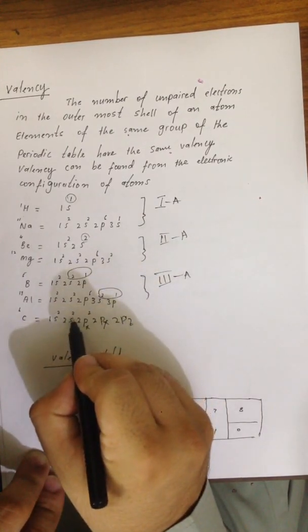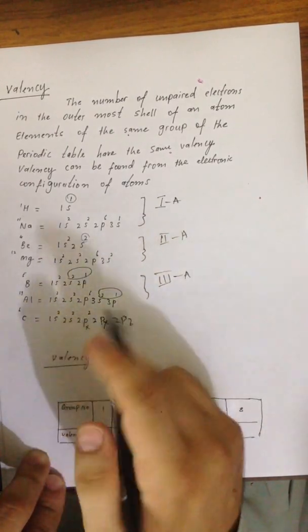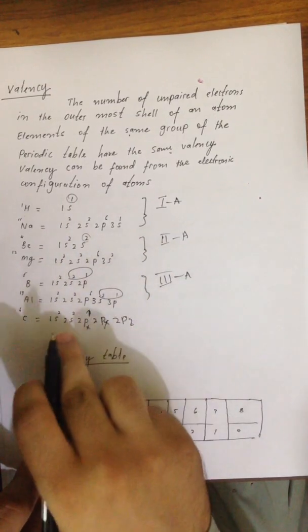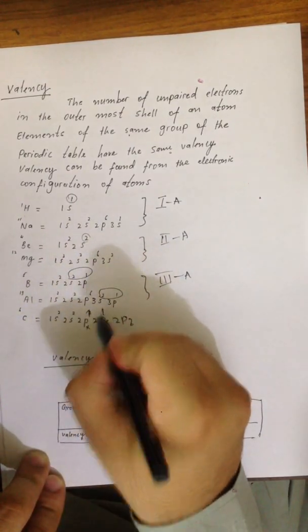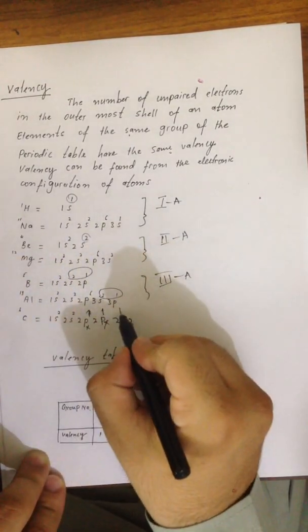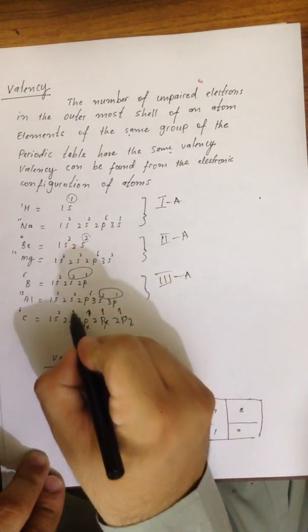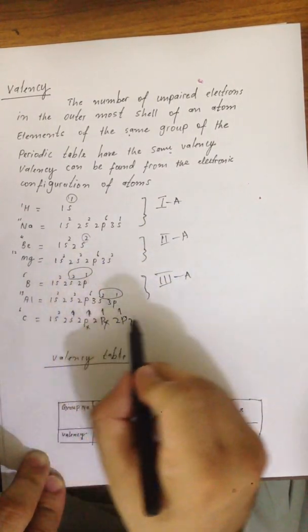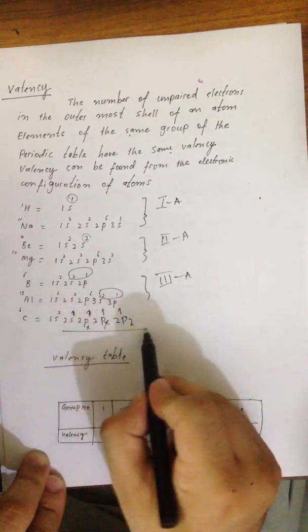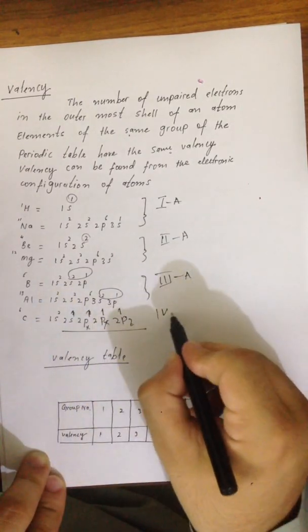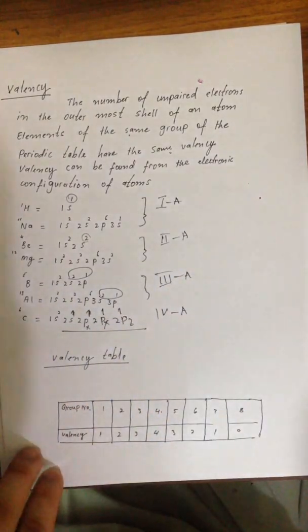So one of the electrons can be excited from here and move here. So you will have a total of 4 unpaired electrons. So it is group 4A.